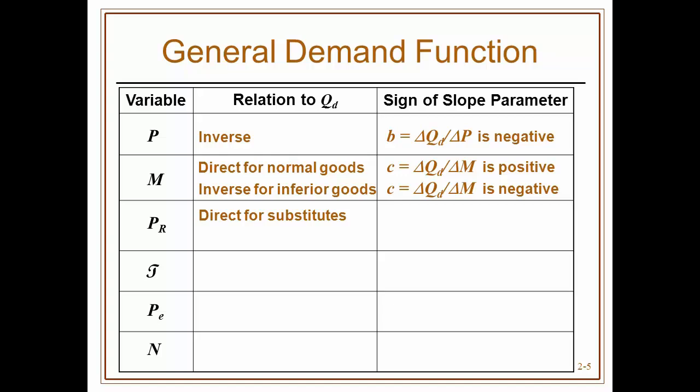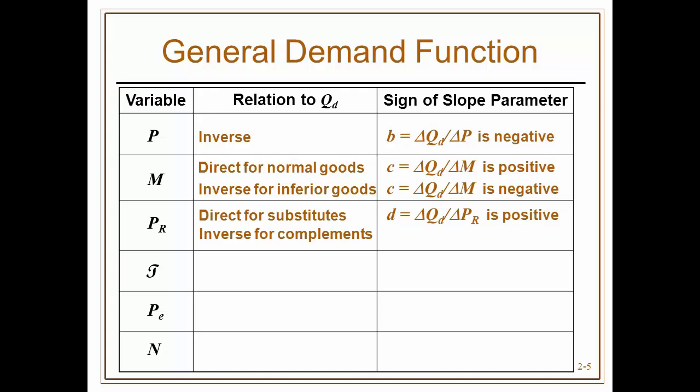So if the price of Coke goes up, the quantity demanded of Pepsi increases, and we would expect that the coefficient would be positive in that case. Again, if the price of Coke goes up, then the quantity demanded of Coke goes down. But since we're talking about the quantity demanded of Pepsi, if the price of Coke goes up, quantity demanded of Pepsi would increase also.